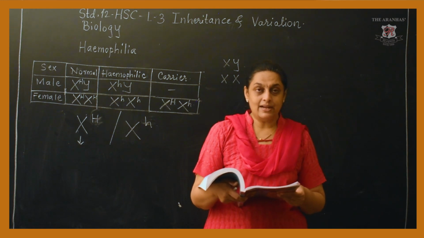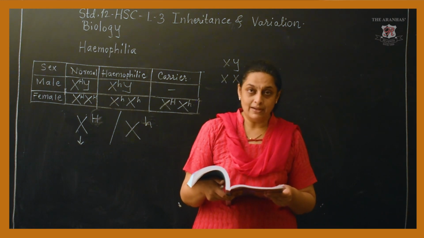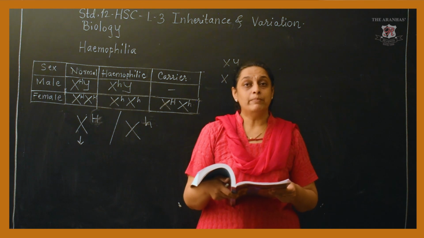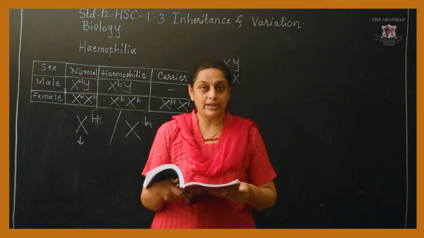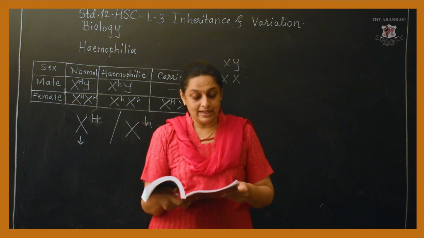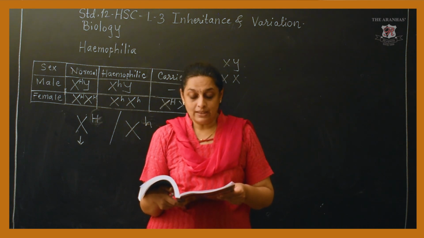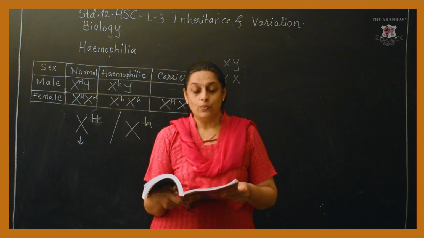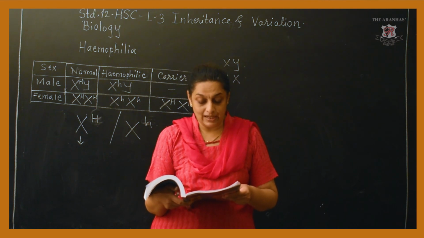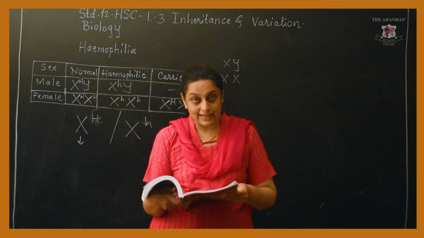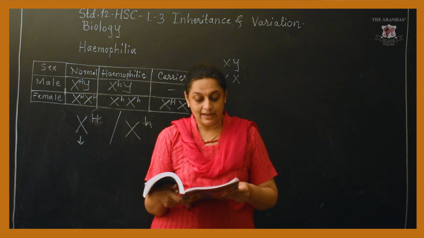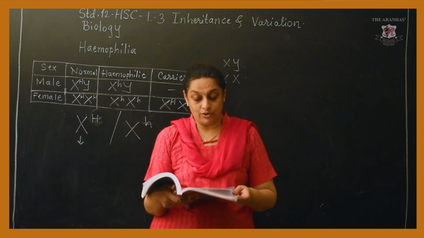The daughter is a carrier and the male is normal. So here now the mother carries the gene for hemophilia, and let us see how is the progeny. One normal female, one normal male, one carrier female, and the last one is, students, there is a printing mistake in your textbook.